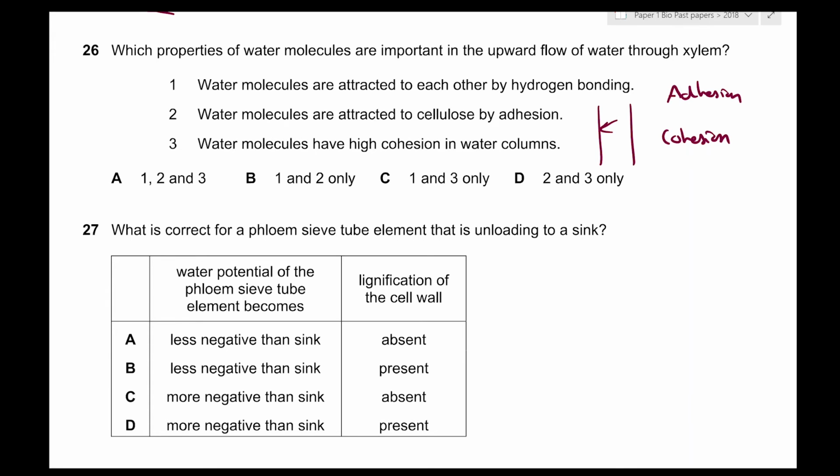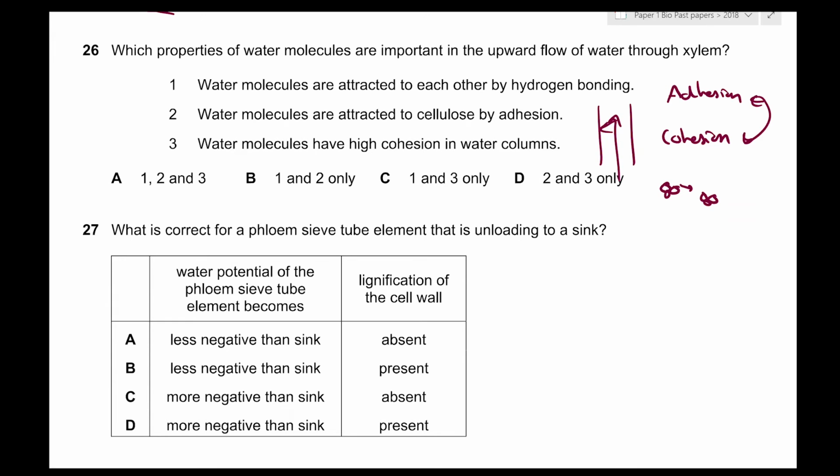However, cohesion is the hydrogen bonding between water molecules, because they are able to form hydrogen bonds between each other. And both of these qualities help the water go upwards by mass flow.